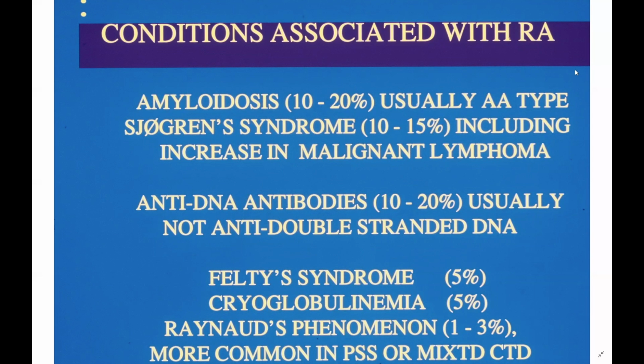Sjogren's syndrome tends to have mild RA, so they will walk in to see you, but the Felty's syndrome will be carried. It's severe RA, high levels of rheumatoid factor, and other anti-DNAs. Cryoglobulinemia, Raynaud's phenomenon, not very common. Raynaud's phenomenon is more common in progressive systemic sclerosis or mixed connective tissue disease. Okay.